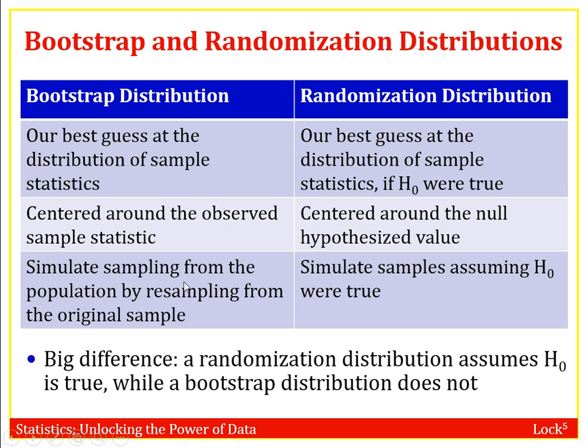We then do our simulated sampling of our population by resampling the original data. And the randomization distribution does kind of the same thing, but assuming your null hypothesis is true. So the main thing here is that randomization distributions assume your null hypothesis is true.